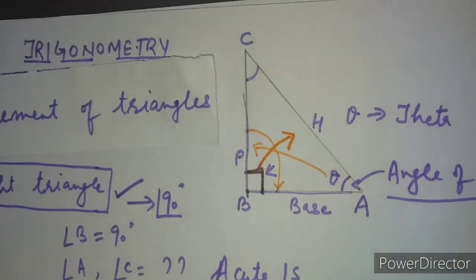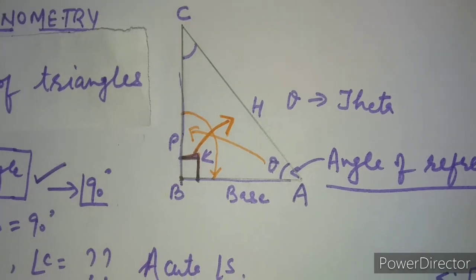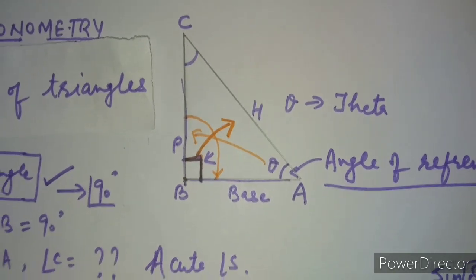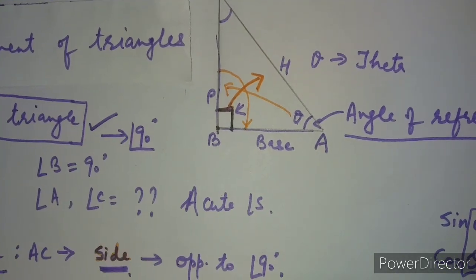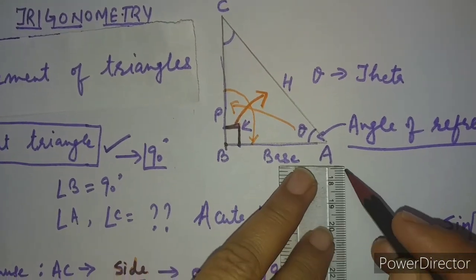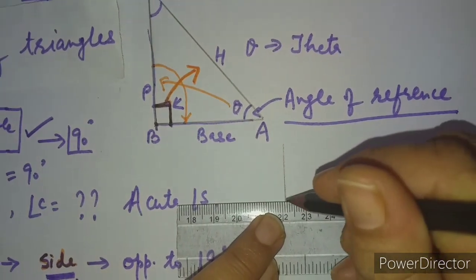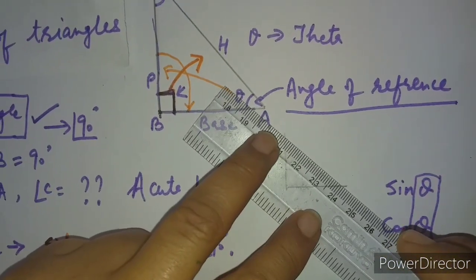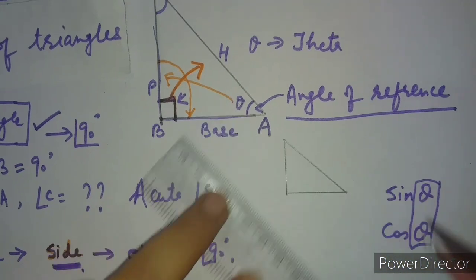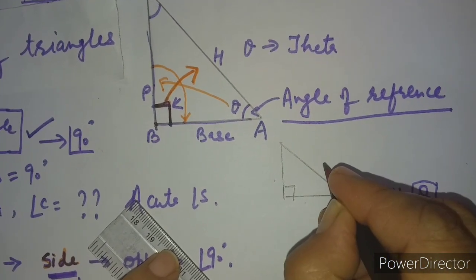These are the very important things related to triangles. Now I will tell you why. You will say that here it was so easy. If the triangle is given like this, it is so easy to see where is the perpendicular, where is the hypotenuse, and where is the base. Clear? This is base, this is perpendicular, this is our hypotenuse.